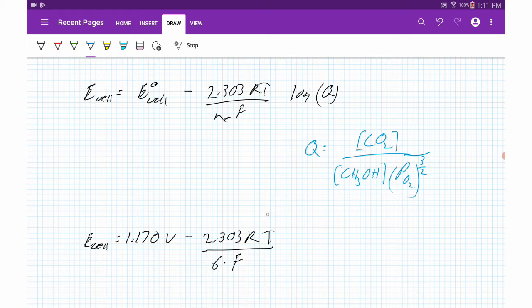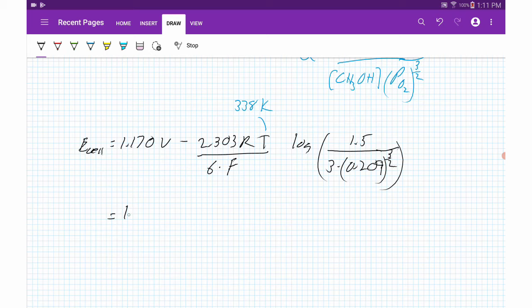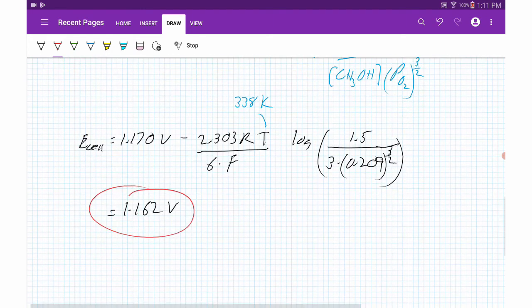The temperature is 338 Kelvin. And our Q is 1.5 divided by 3 times 0.209 raised to the 3 halves power. Plug all of that into a calculator and you get 1.162 volts. Again, not a lot different than the value we had above of 1.170, but it is different because we're not working under standard conditions.